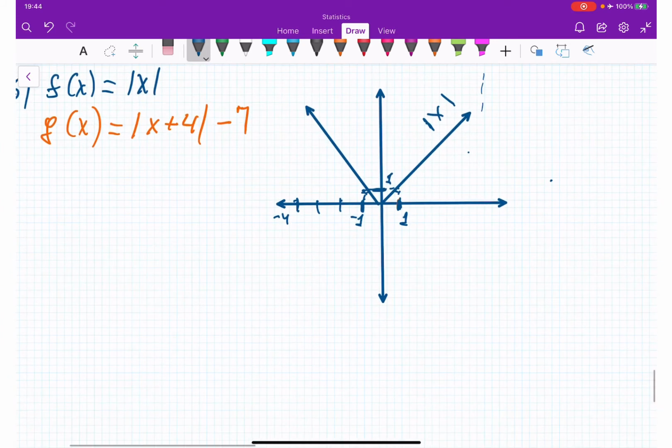So let me move this y-axis here. Okay, so this is your 1 coming here.